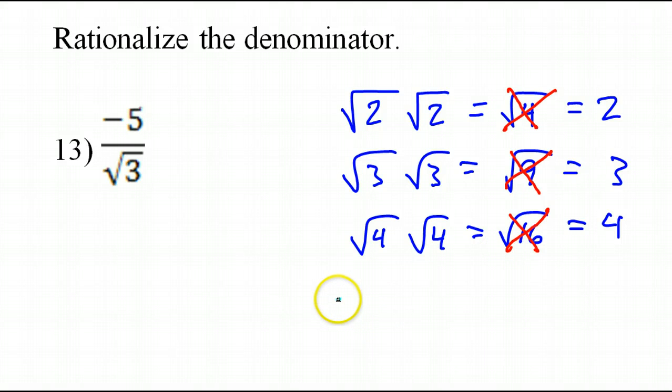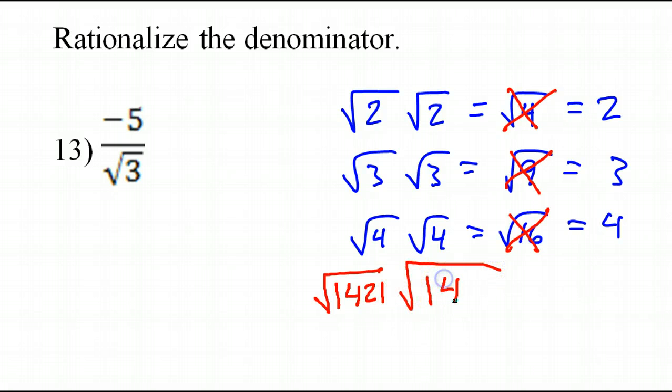That way you can do things that are crazy big, like the square root of 1,421 times the square root of 1,421. I don't know what 1,421 times 1,421 is, but if I multiply this together, I know I'm going to get 1,421 as the result.